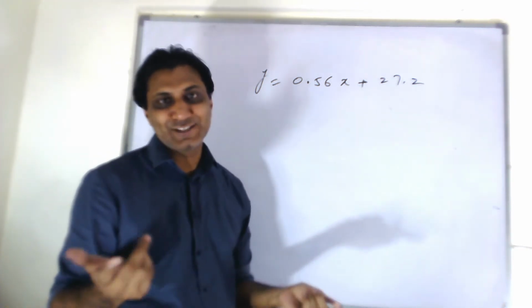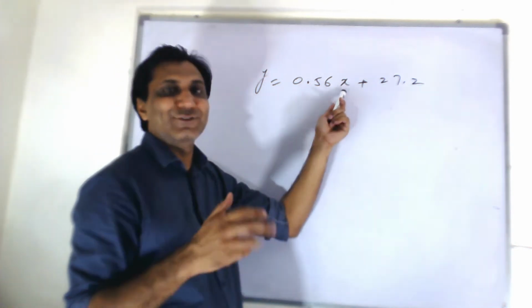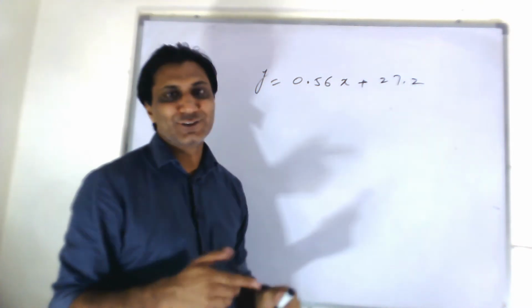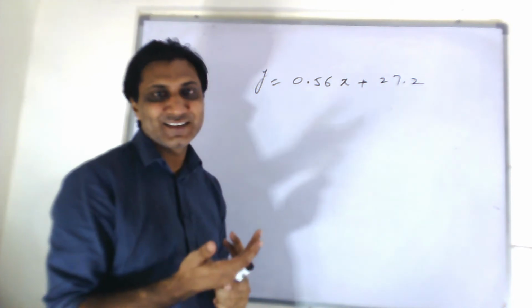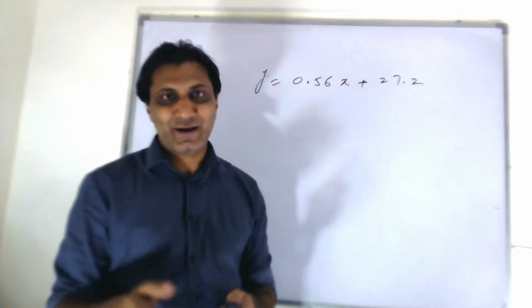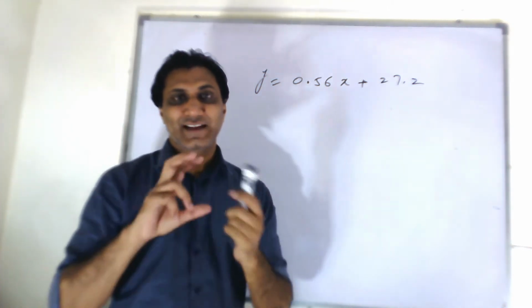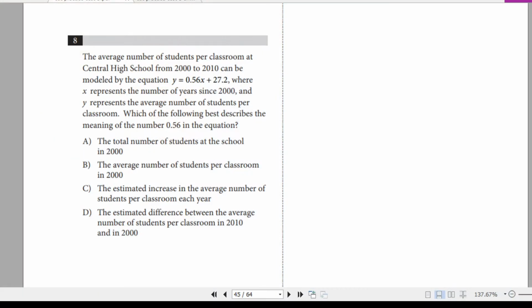That's why I said A is not your answer. And when you put 1 here, like in 2001, that will increase by 0.56. So when you put 2 here, it will increase another 0.56. So every year the number of students is increasing by 0.56. So that's why I said that answer. Okay, so the answer to this is C, the estimated increase in the average number of students.